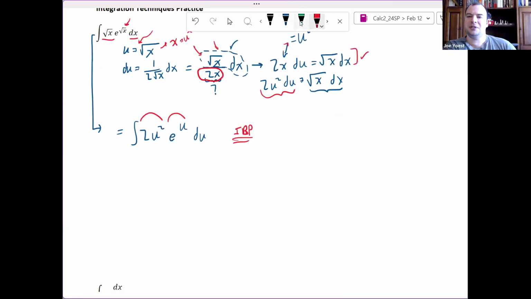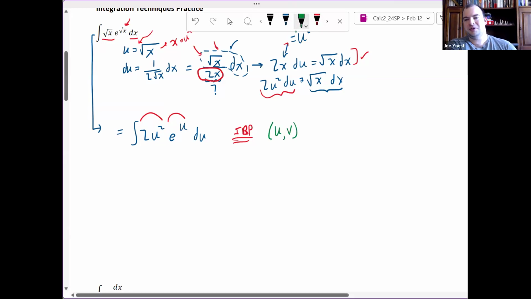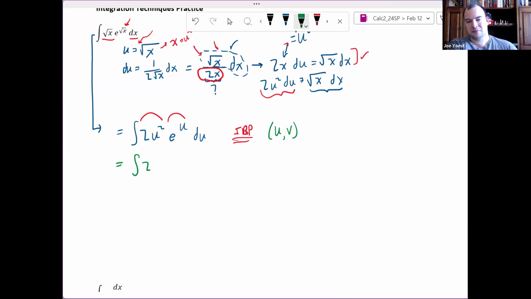And I know it's a little silly, but because integration by parts uses u and v, and I don't want to say something like u equals 2u squared, that's going to be confusing. I'm just going to change my variable from u to s. So u is turning into s.